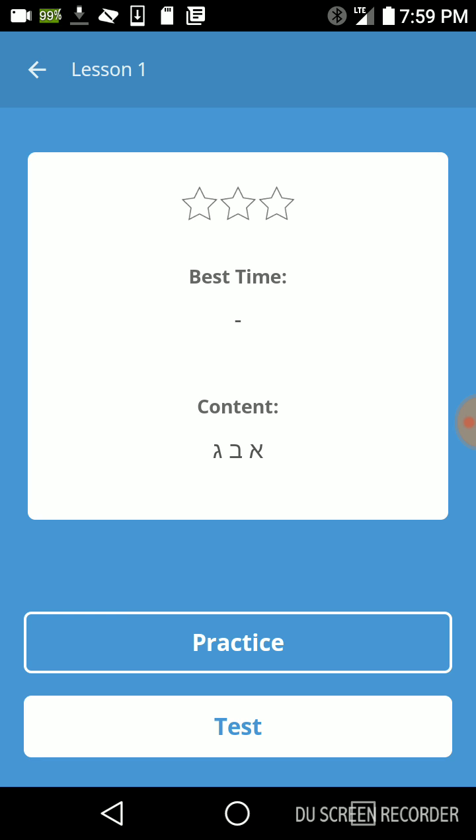Now, before I start, this app has to do with modern Hebrew pronunciation, though they are using basically the biblical form of the letters, which is actually not Hebrew at all.